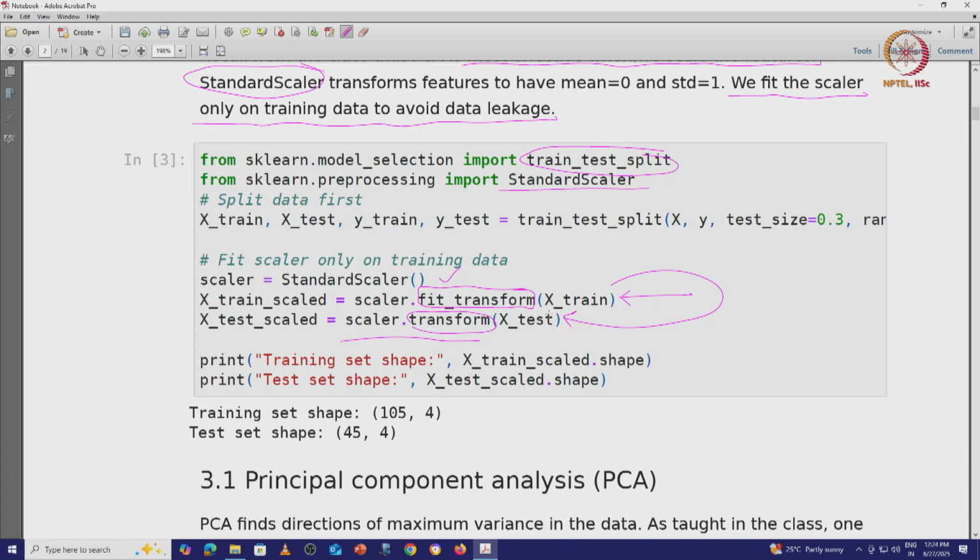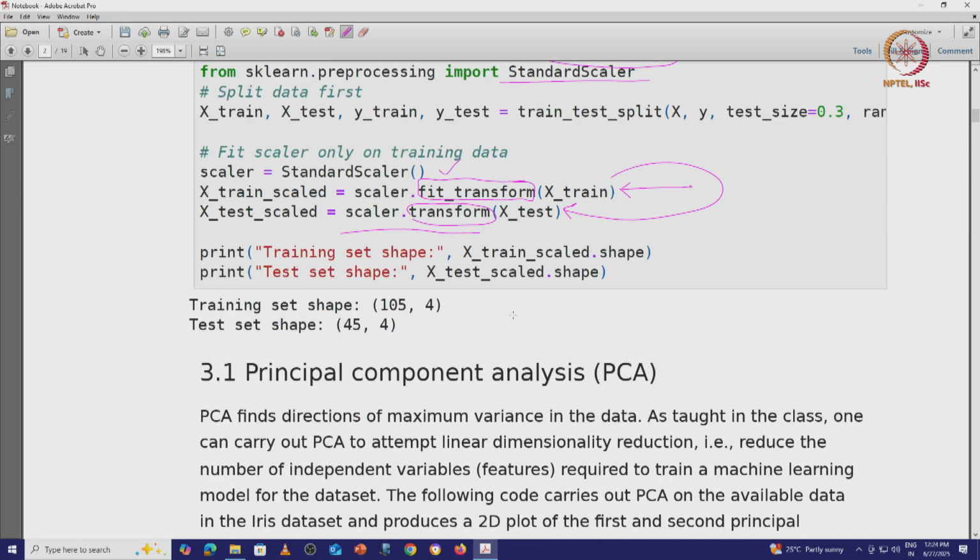The same number will be subtracted from each feature here, and the normalization to make the standard deviation 1 will also be done by the same number which was determined in the previous command when we did fit_transform. Alright, so this is the size of the training set, 105 data points, 4 features, and then the test set is 45 points and 4 features.